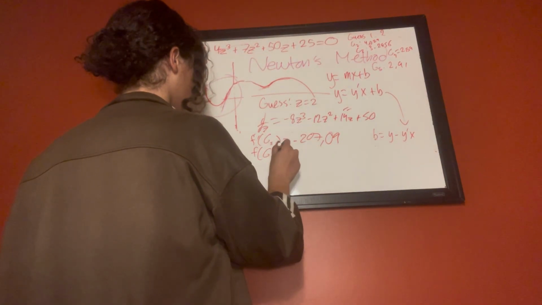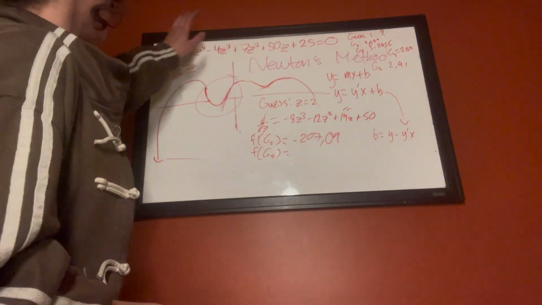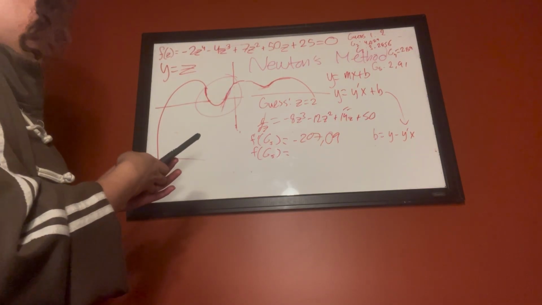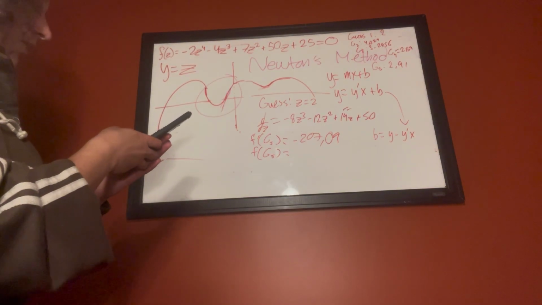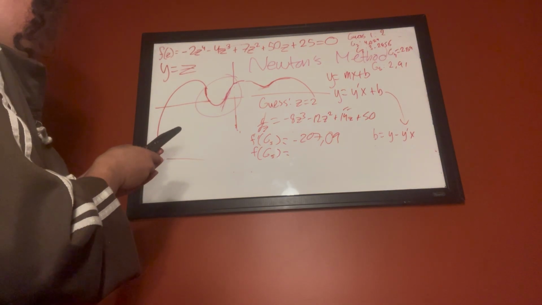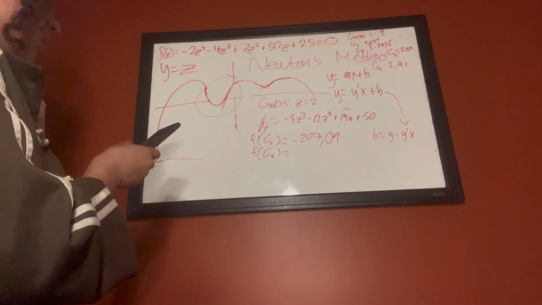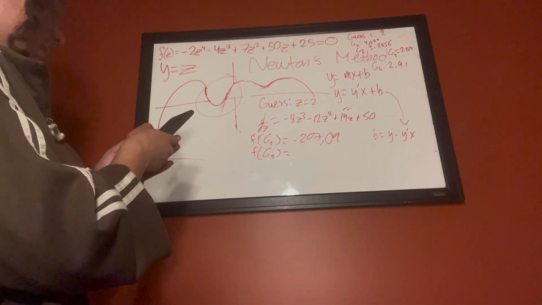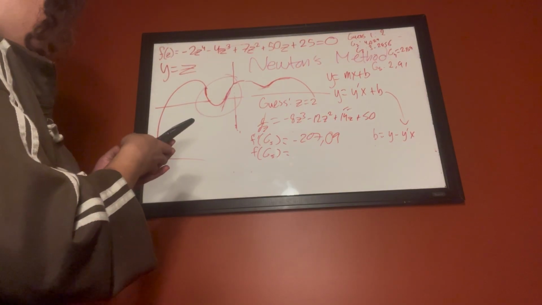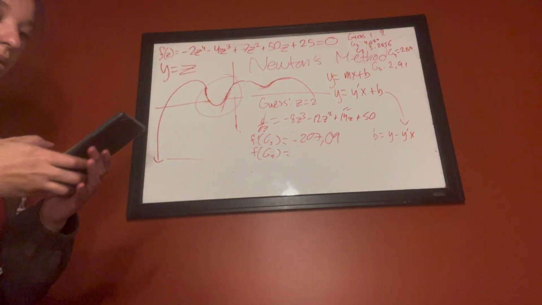f of g5 is, so subbing my 2.91 up here, I have 2.91 raised to the 4 times minus 2, minus 4 times 2.91 cubed, plus 7 times 2.91 squared plus 50 times 2.91 plus 25.